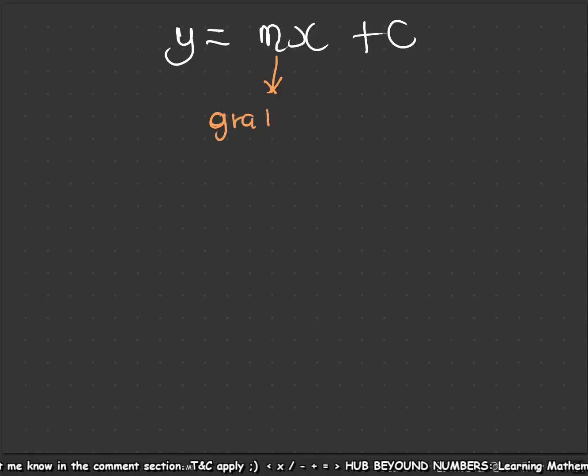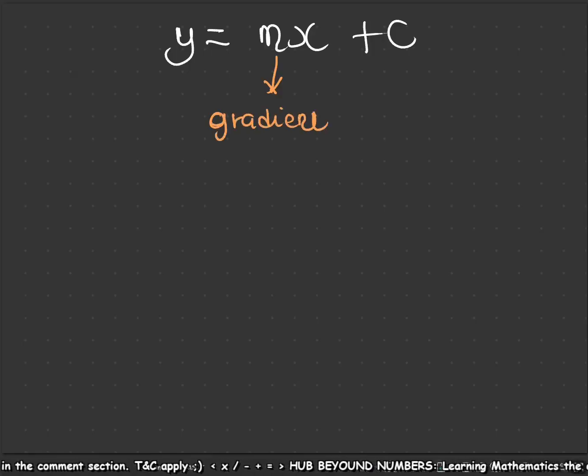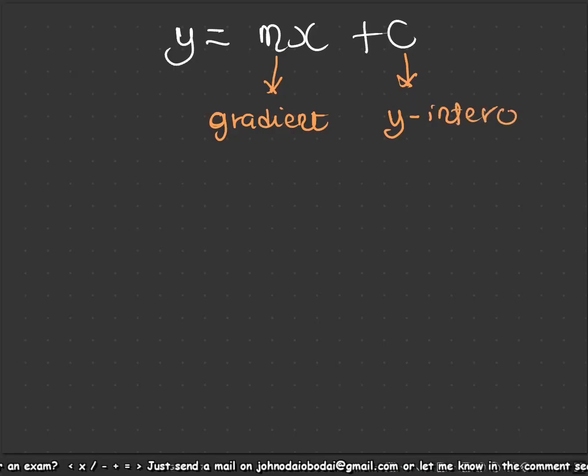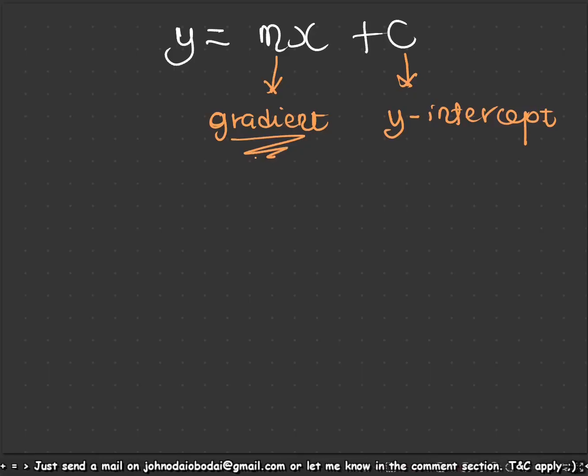That is the gradient of the equation. Whilst our c here is called the y-intercept. Now for gradient, we have looked at it, so I wouldn't talk much about it. So let's quickly look at what the y-intercept is.